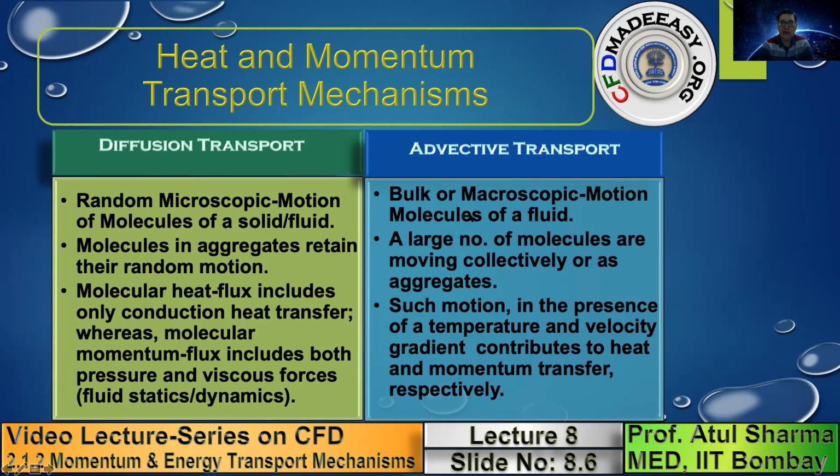What this means is, when you have a bulk motion, what we call the onset of flow, with a non-zero mass flow rate in a flow field where there is a temperature gradient, you have an enthalpy transport which leads to heat transport. And the onset of mass flow rate in a flow field where you have a velocity gradient leads to momentum transfer rate, or momentum transport.